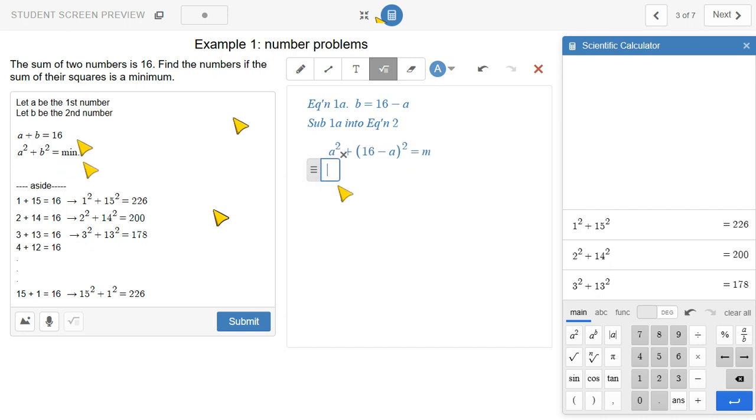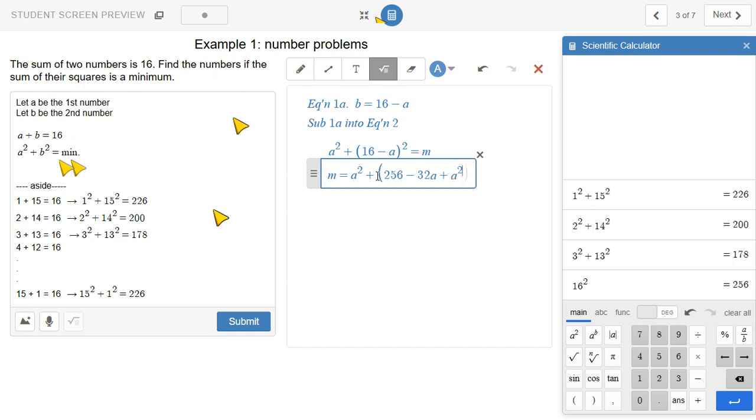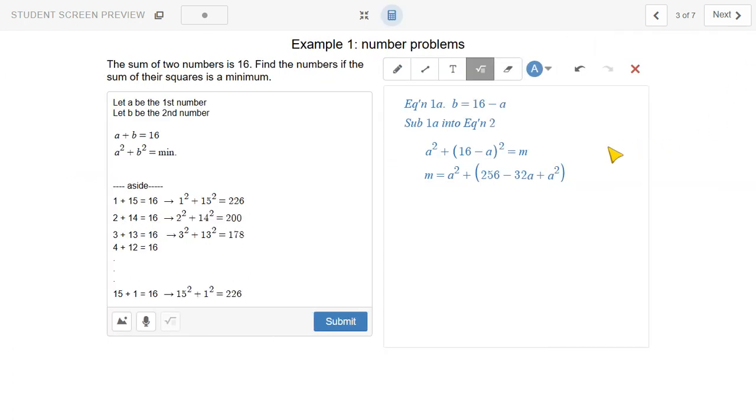I'm going to rearrange this equation. I'm going to say m is equal to a squared plus 16 squared, 256, minus 32a plus a squared. I'm going to continue to simplify this equation until I get a quadratic relation that I can work with.